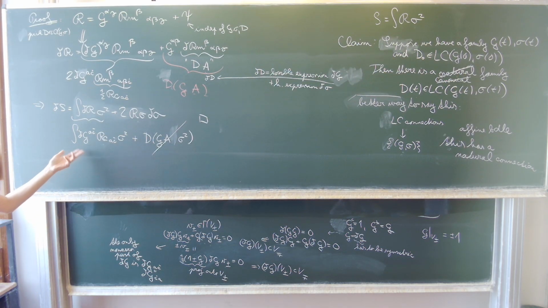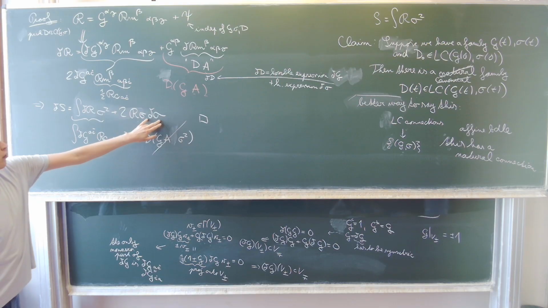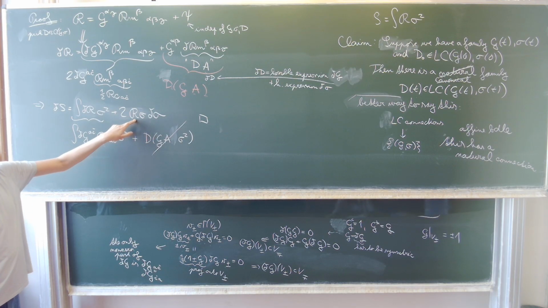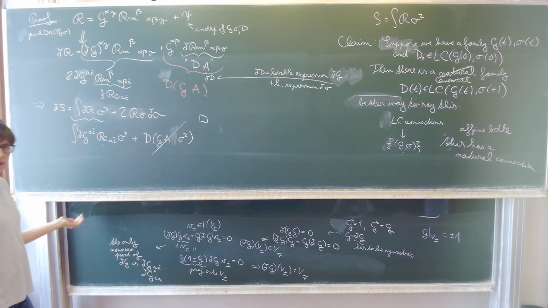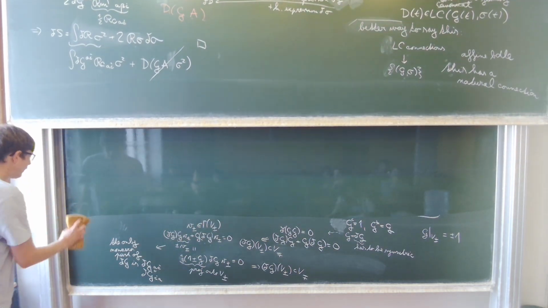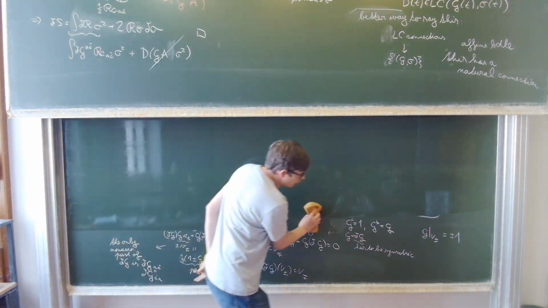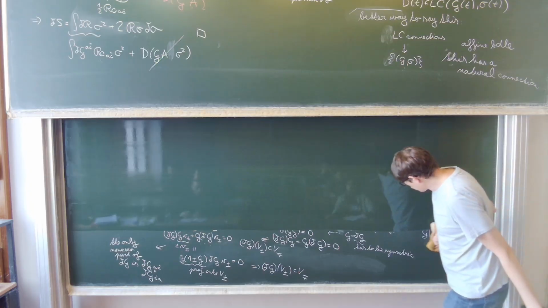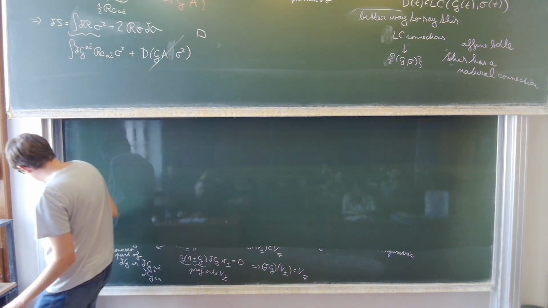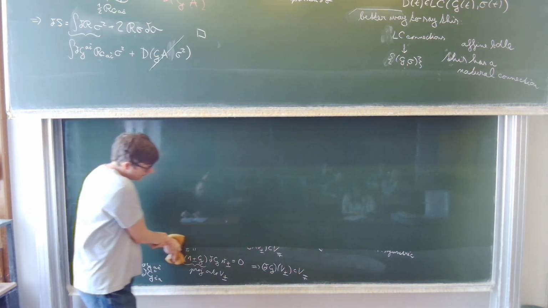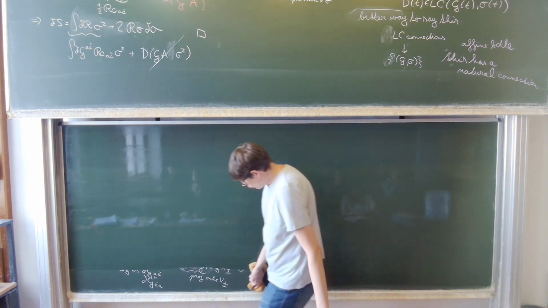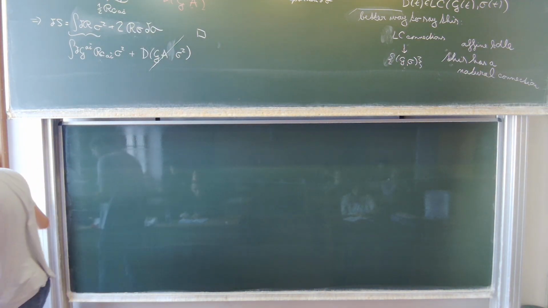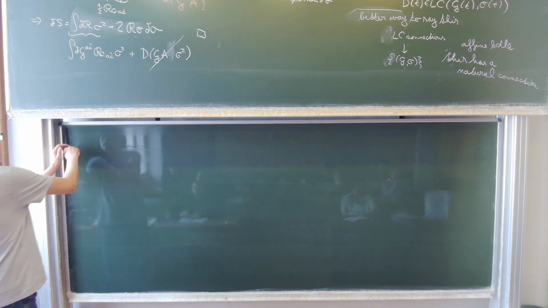So the critical points are the ones where the coefficient of this vanishes, so the scalar curvature is 0, and where the coefficient of delta G vanishes, namely the Ricci is 0. So the critical points of the Einstein-Hilbert functional here are the vanishing of the generalized scalar curvature and the vanishing of the generalized Ricci tensor, which are actually two independent conditions. One doesn't follow from the other in generalized geometry.